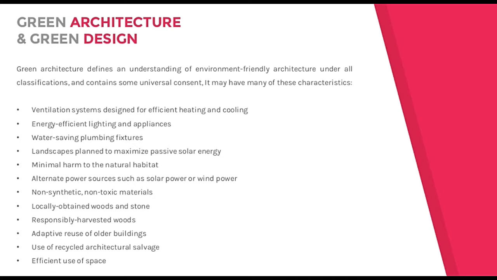And also landscape planned to maximize passive solar energy, meaning we have to plant something like Bermuda grass to minimize the heat outside the house. So landscape can help maximize passive solar energy.